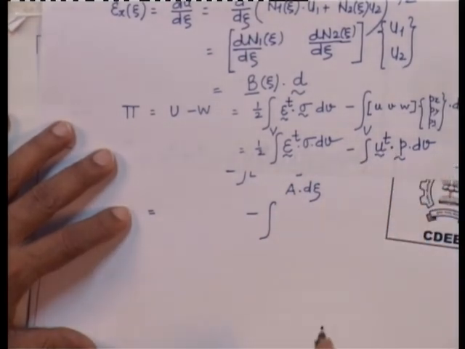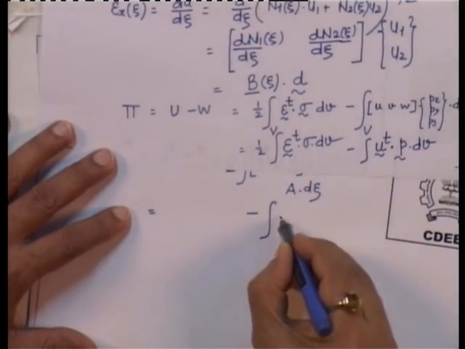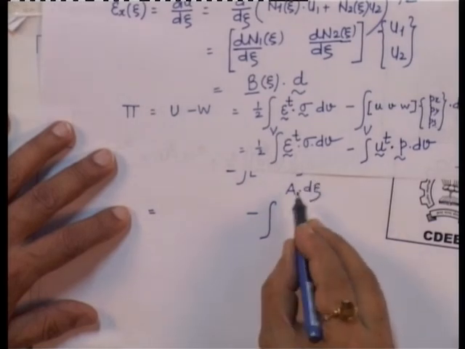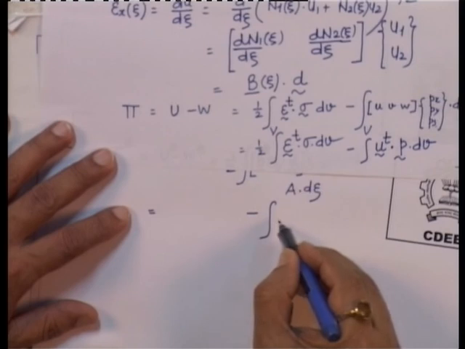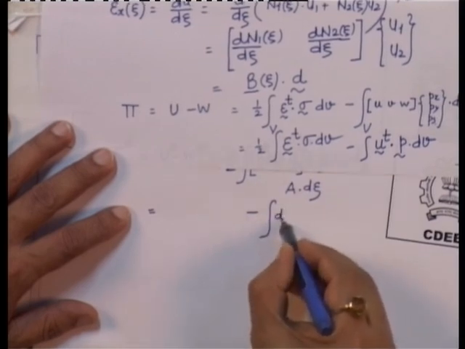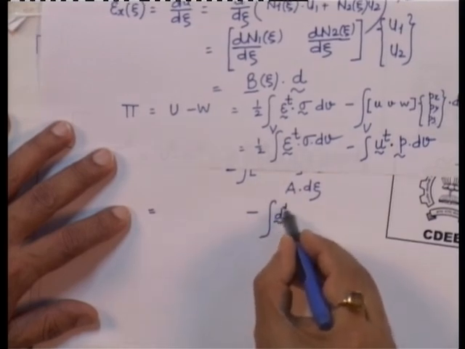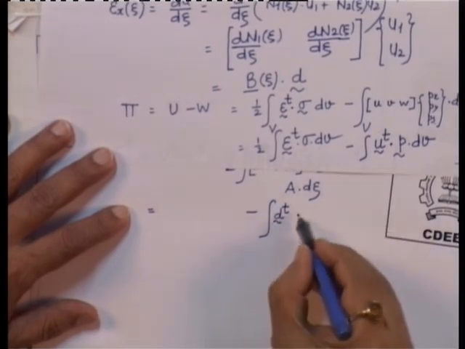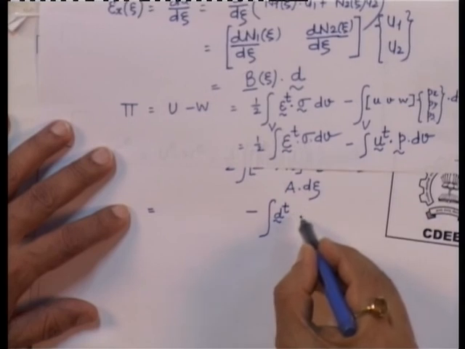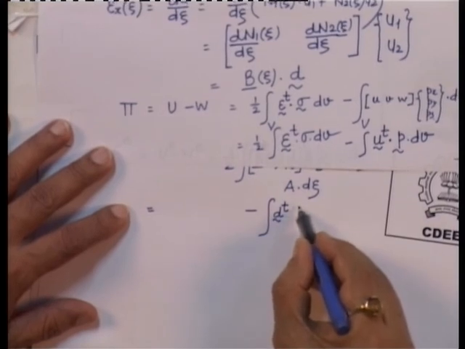U equals N times d. N is N of psi, so it is N times d, and the transpose is d transpose N transpose.